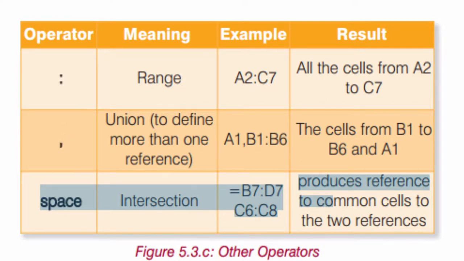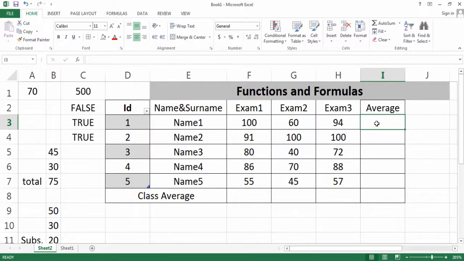Let's practice them. I'm going to find the average of these three numbers. I will start with the equal, then exam 1 plus exam 2 plus exam 3. So the total of these three exams will be 254, but it's not the average.